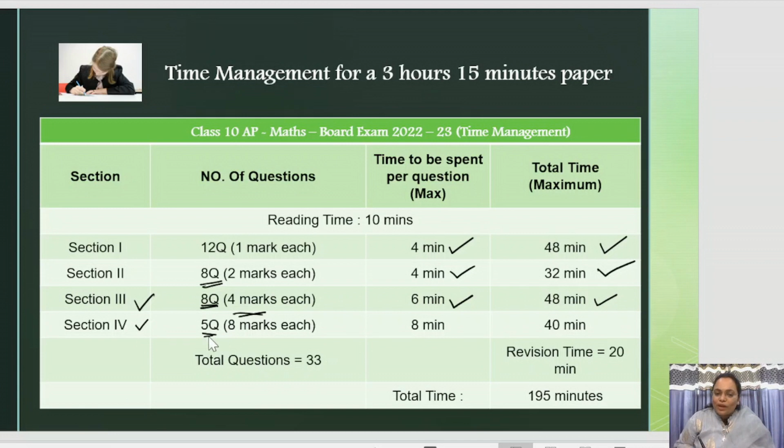You have 5 questions, each carrying 8 marks. These are internal choice questions. If you take 8 minutes to solve one problem, you can complete the 4th section in 40 minutes. 20 minutes should be your revision time, and you can complete the paper in 195 minutes.